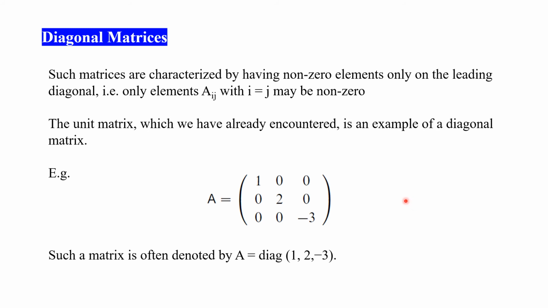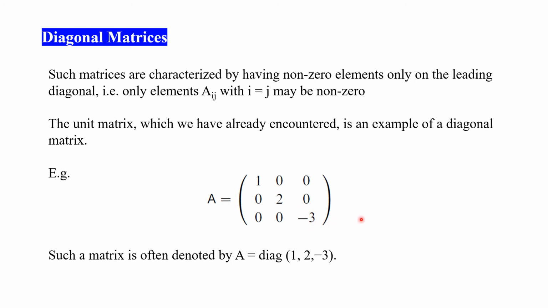Another example of a diagonal matrix is this one here. You have your 1, 0, 0, your 0, 2, 0, and then your 0, 0, negative 3 elements. Here you see that only the diagonals are non-zero, the rest are 0. Your A11 has an element of 1, your A22 has an element of 2 and your A33 has an element of -3.